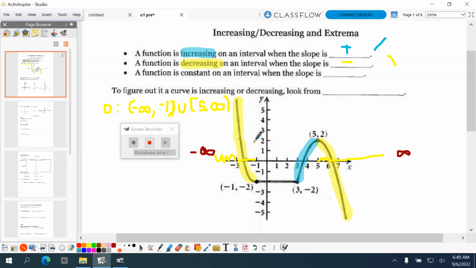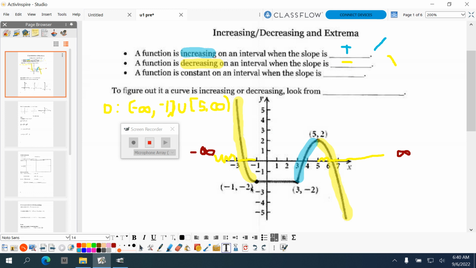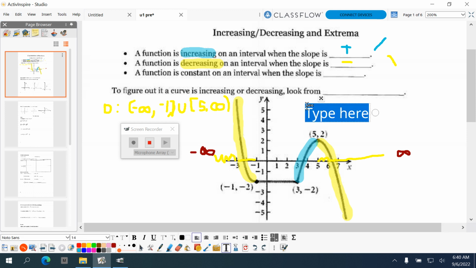So what does my increasing interval look like? I'm going to type I for increasing, right? And it's between two numbers. It's between 3, that's my x value, and 5. Now this is not an ordered pair, it's just describing the interval.